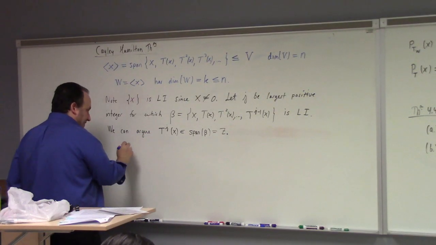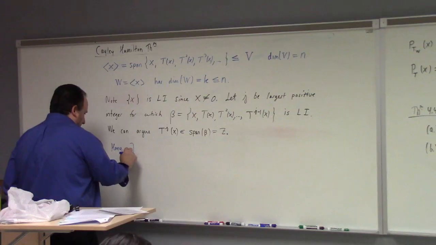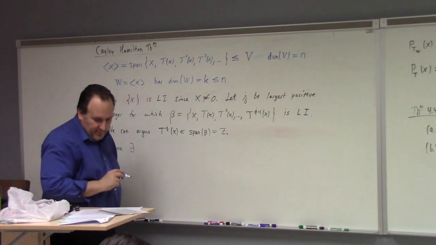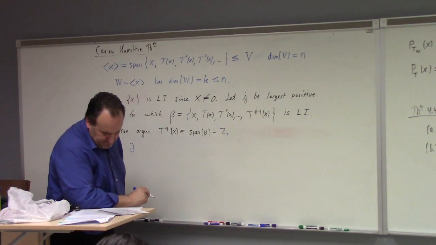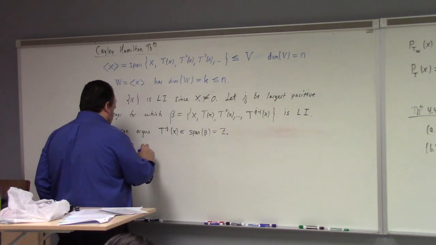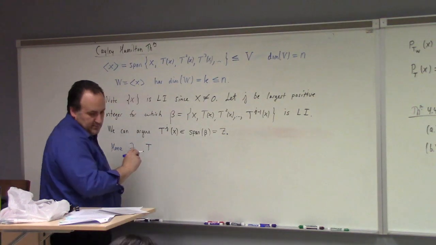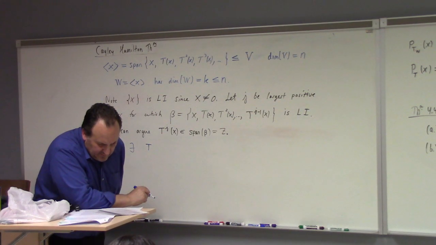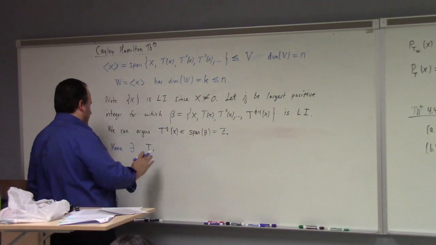Now, if that's the case, then what does that mean? If this is in the span of those vectors, then of course we can write, sorry, I've lost track of what he called W. Oh, okay, fine.